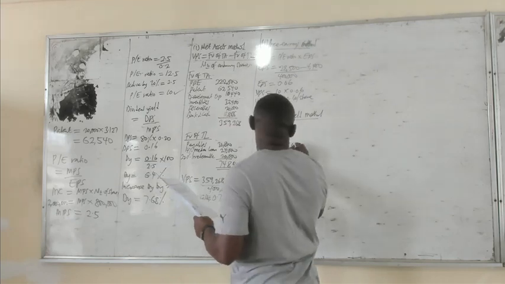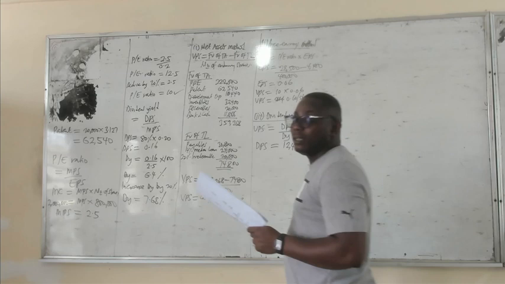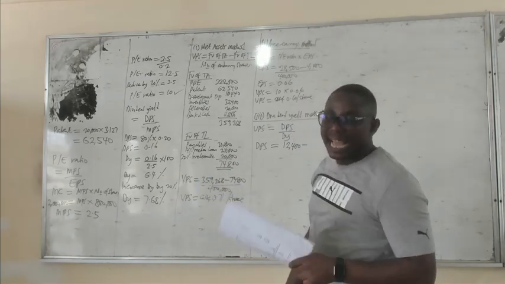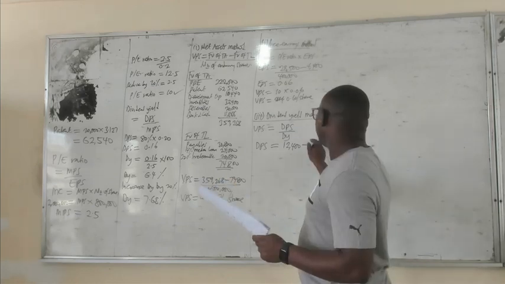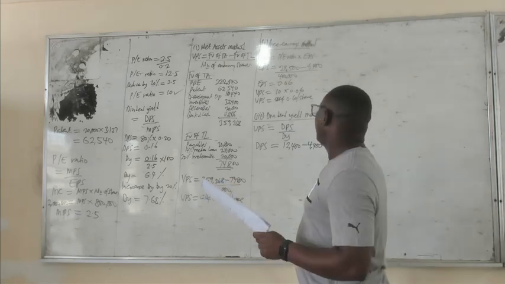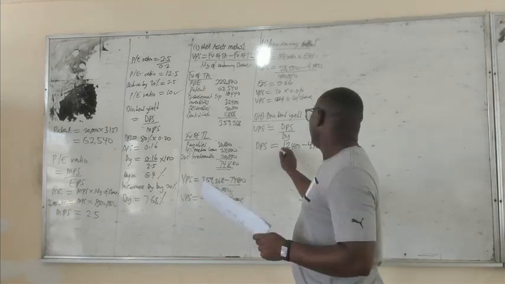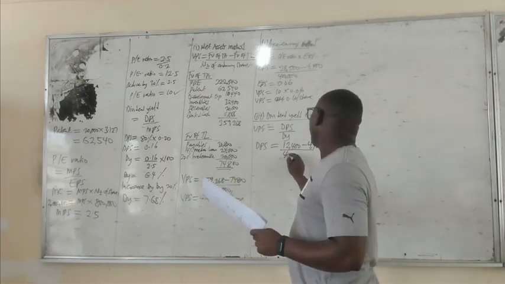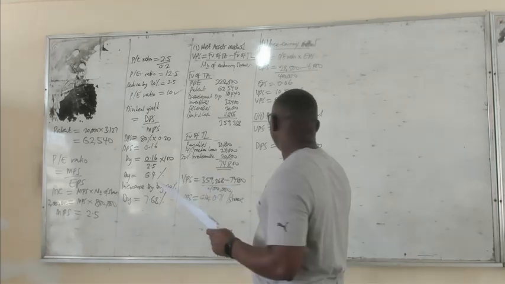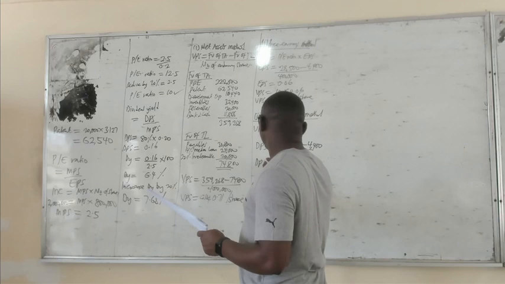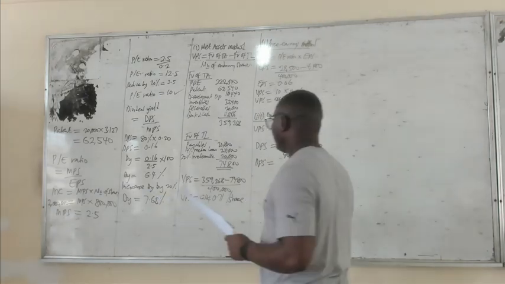But this dividend includes preference dividend. Our interest is supposed to be on ordinary dividends. So we're going to subtract the preference dividend of 4,400, and determine the ordinary dividend. Then we'll divide it by the number of shares of 100,000 that you told me. So dividend per share will be equal to 8,000.